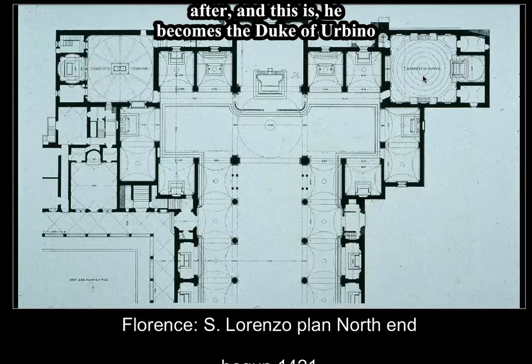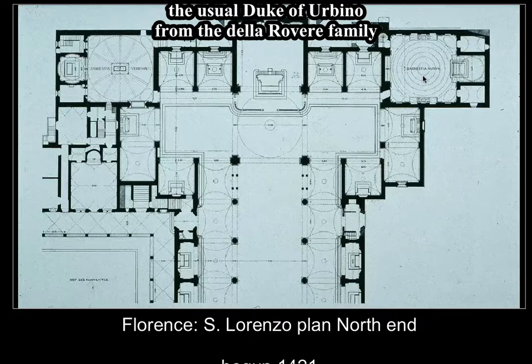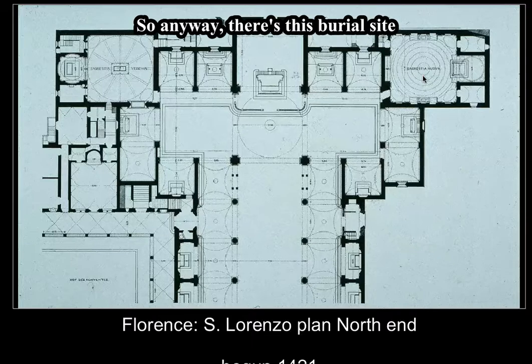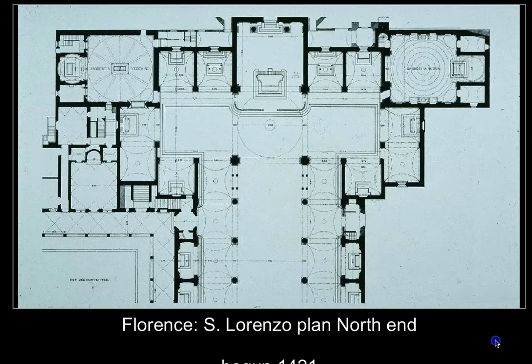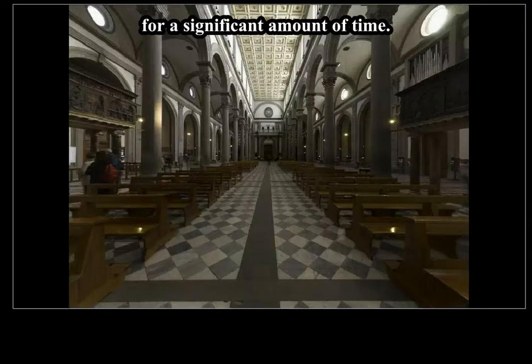He becomes the Duke of Urbino in the short period of time when the usual Duke of Urbino from the Della Rovere family would have been in charge in any case. So anyway, there's this burial site that Michelangelo is asked to do. And this will be a project that occupies him for a significant amount of time.